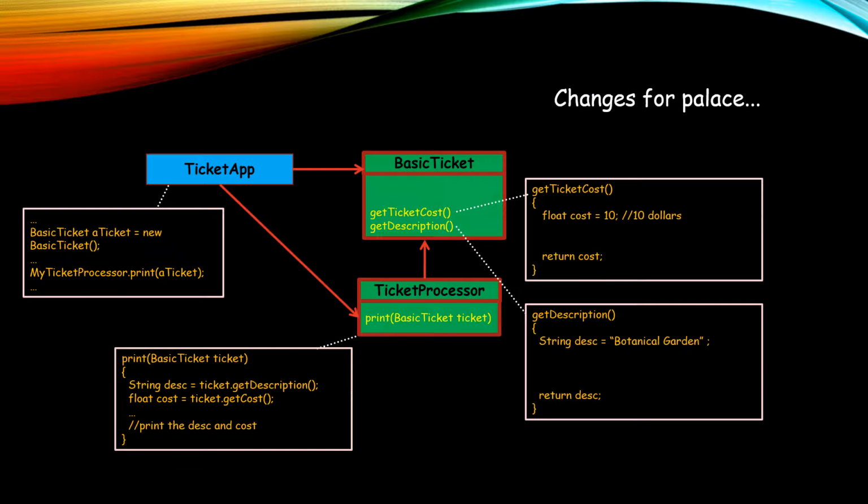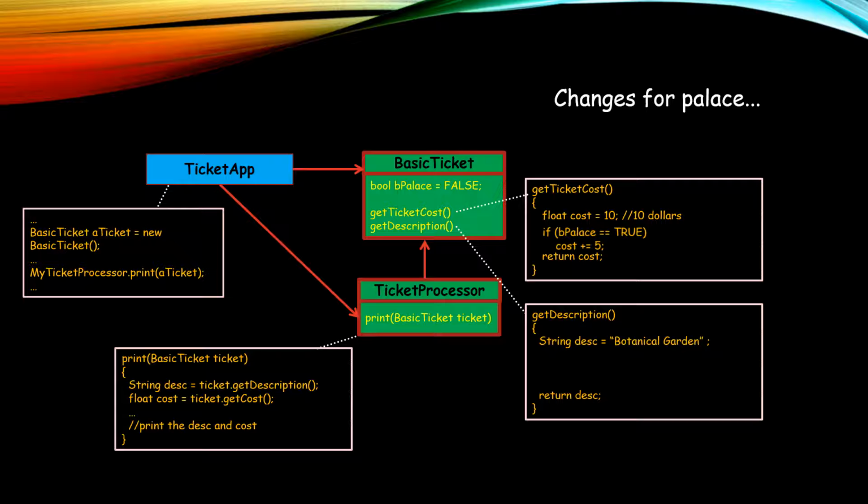First, the basic ticket class. We add a Boolean variable to indicate if the palace tour should be included. Based on the variable, its two methods to get the cost and the description will be updated. The getTicketCost will add a condition to check if palace tour needs to be included.